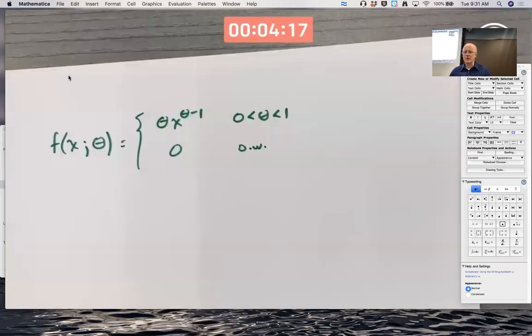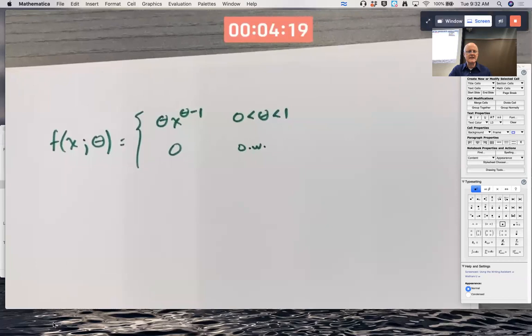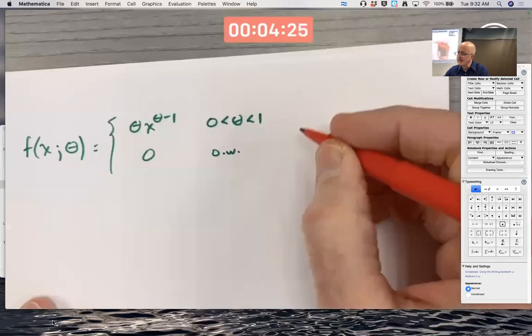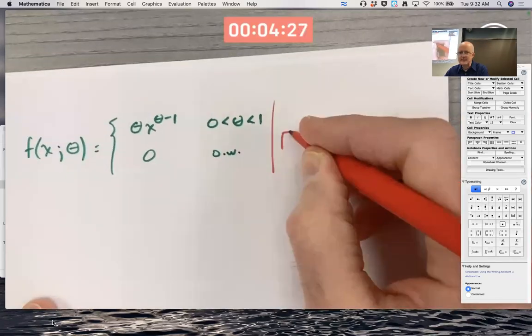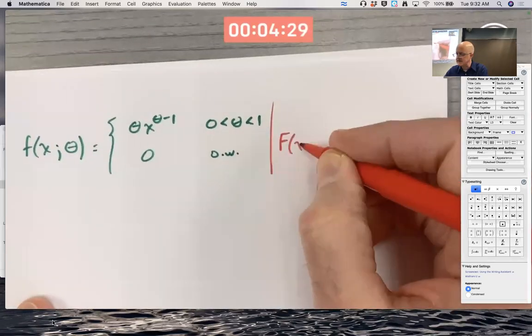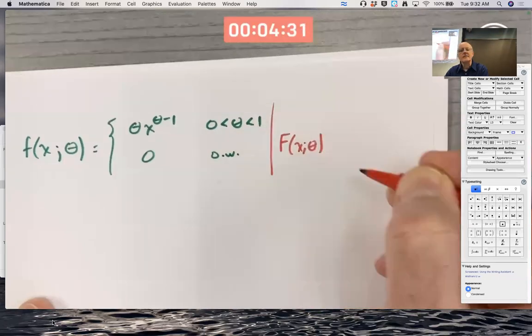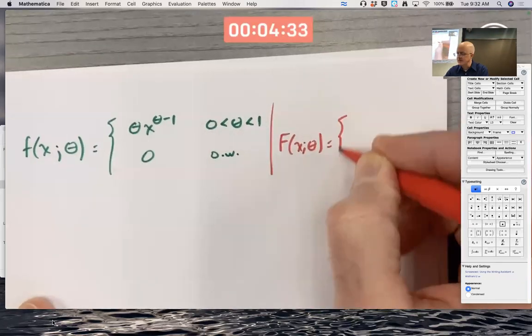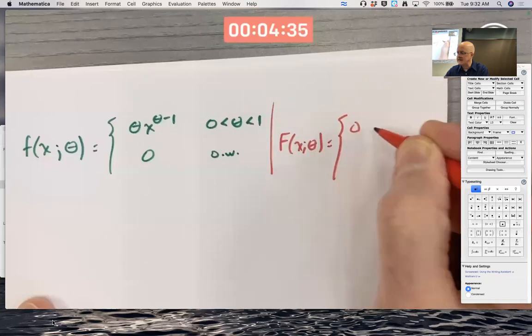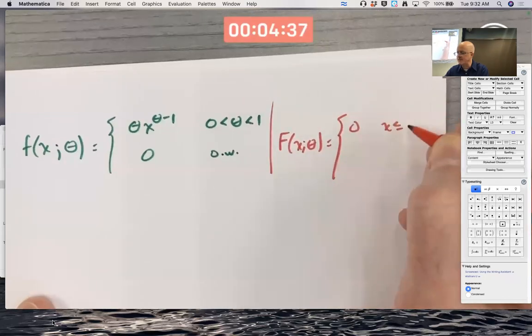I don't know that we'll need it, but this would, of course, mean the CDF. If you think about it here, if you wanted to write down a formula for the CDF, capital F of x semicolon theta, would, of course, be 0 if x is less than or equal to 0.